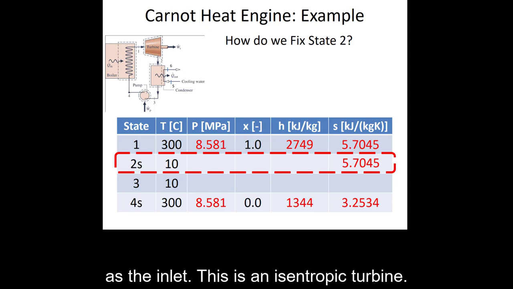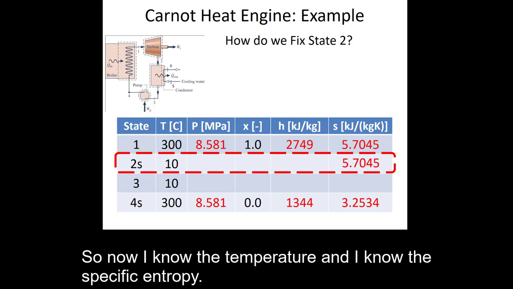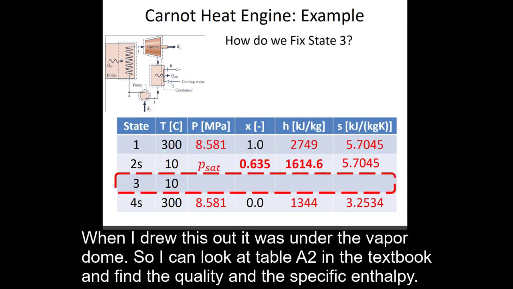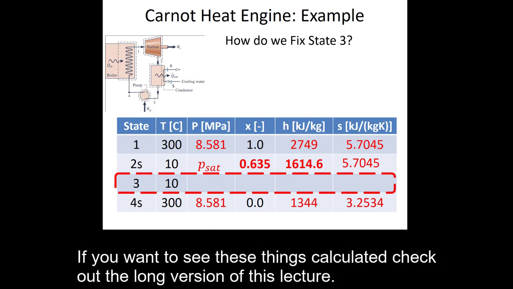This is an isentropic turbine. So now I know the temperature and I know the specific entropy. When I drew this out, it was under the vapor dome, so I can look at table A-2 in the textbook, and find the quality and the specific enthalpy. If you want to see these things calculated, check out the long version of this lecture.